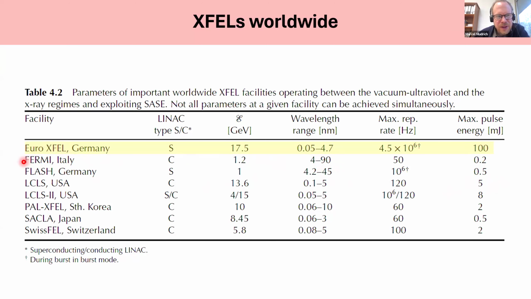In particular, FERMI is so far the only FEL that does not rely on the SASE principle, but is a so-called seeded FEL. And I hope we will have some time to talk about seeding in January, and also just in a minute from now when we start doing the tutorials, so you will already see in practice on the computer at least what seeding means and what advantages that has compared to the SASE process.